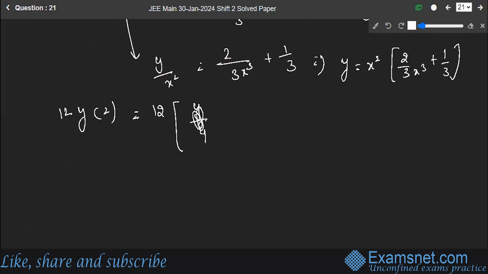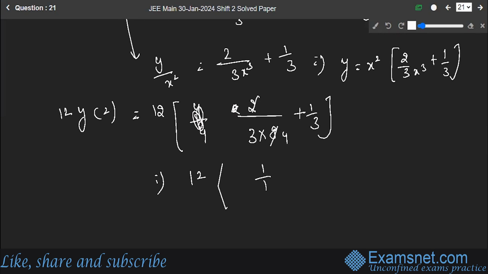So this will give me, x is equal to 2, this will be 3 into 8 plus 1 by 3. 12 into this, 1 by 12 plus 1 by 3. 12 into 12 LCM, and here will be 5, right?